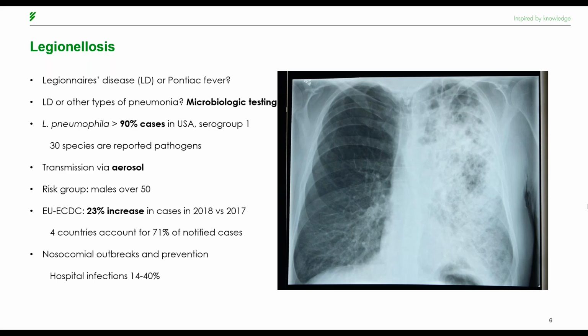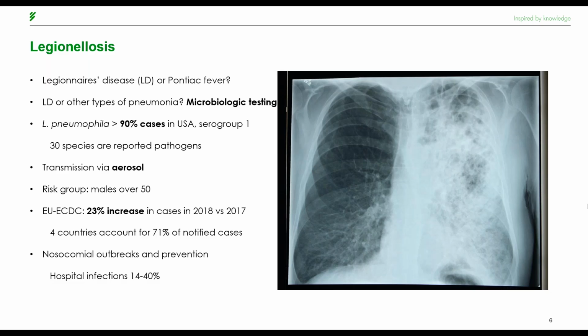Fever, non-productive cough, headache, etc. And before rapid tests to rule out COVID-19, tests for Legionella and Enterococci were performed as well. So to correctly give a diagnosis, microbiologic testing is key, which we will discuss in a bit.